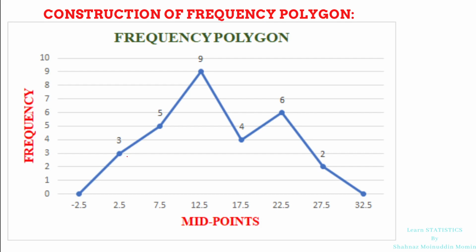Join them with a straight line, then the resulting curve is like this. This is a frequency polygon by using method number 2. Method number 2 is easier than method number 1. Students may use method 1 or 2 to draw the frequency polygon. I hope students understand both methods of construction of a frequency polygon.